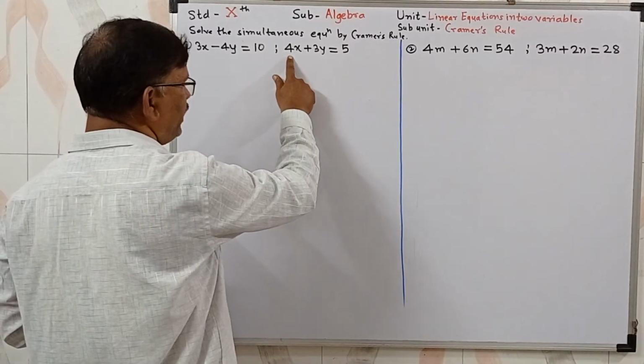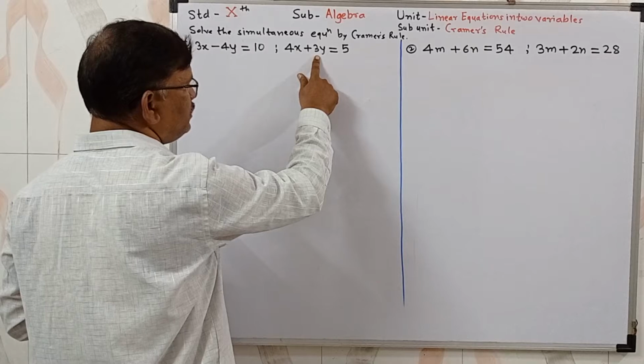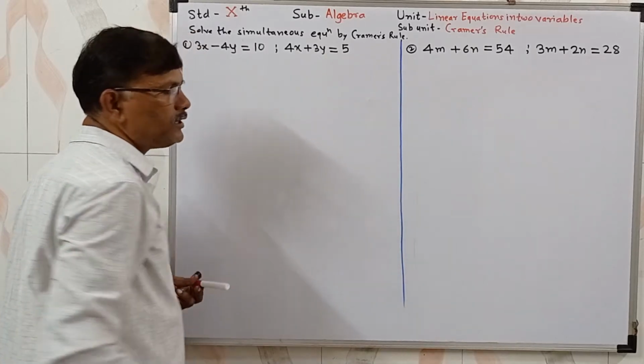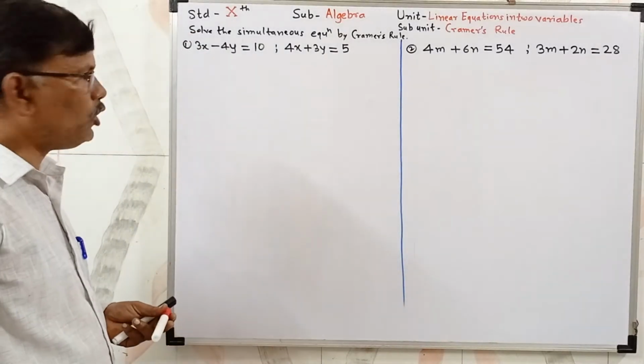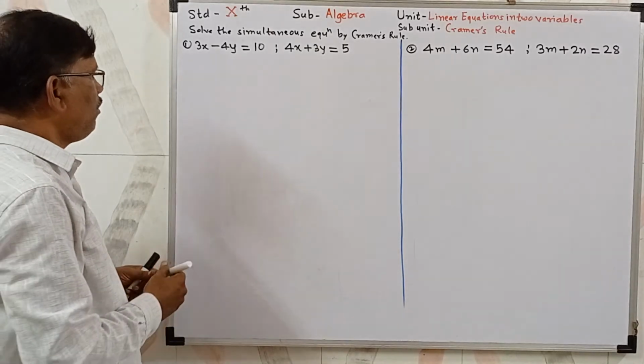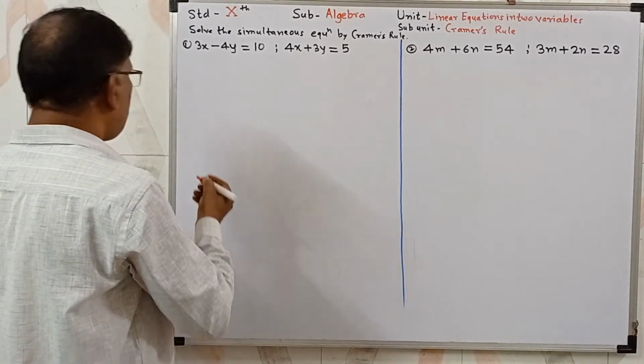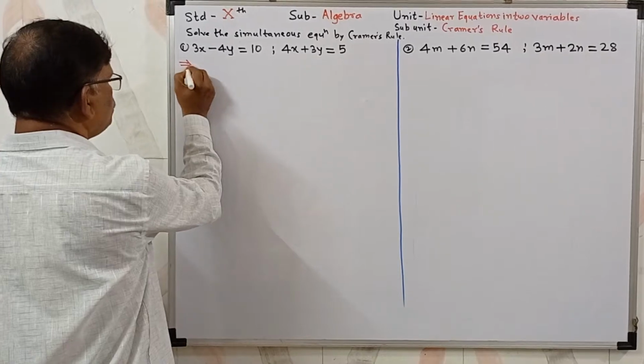Here 4 is a2, 3 is b2 and 5 is c2. So we know how to solve that.